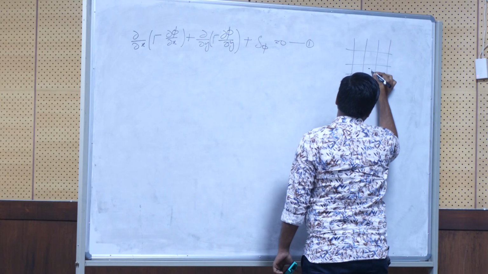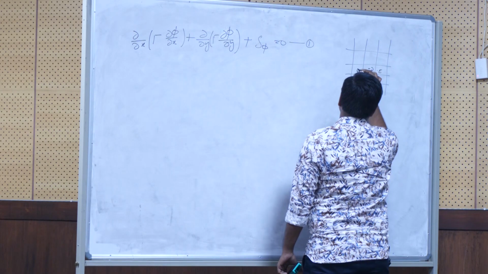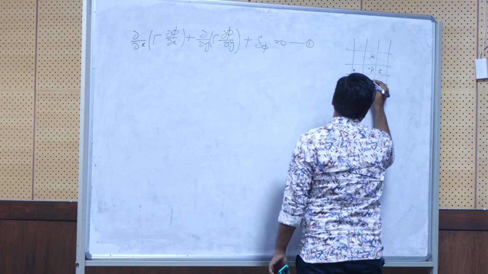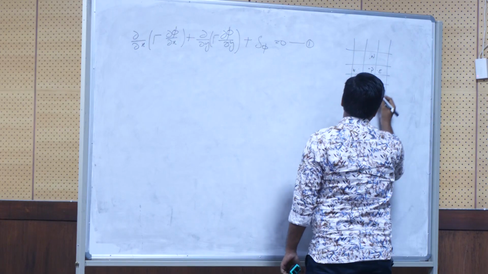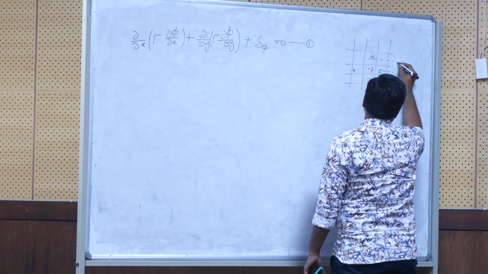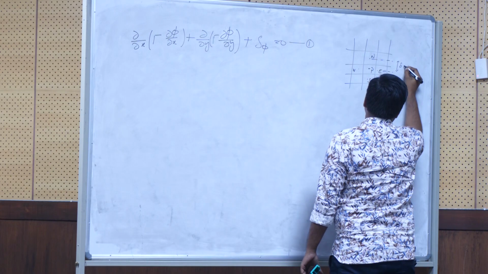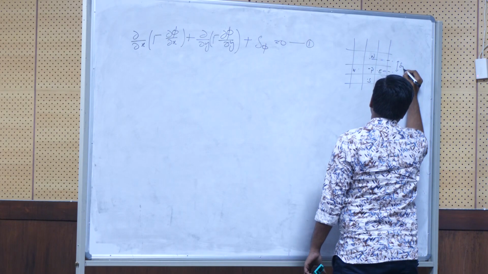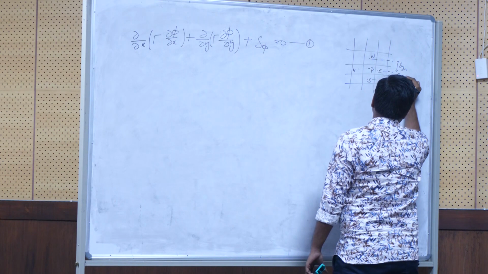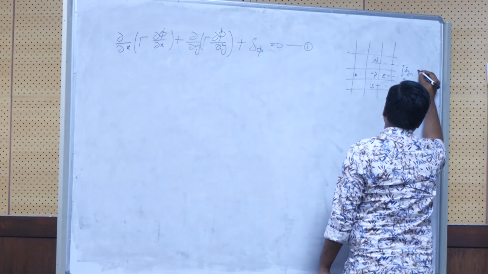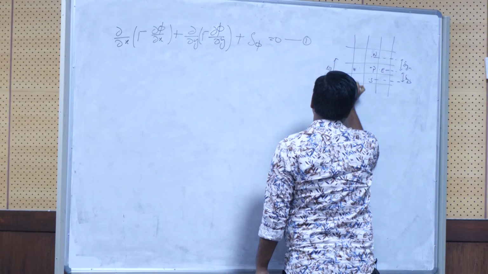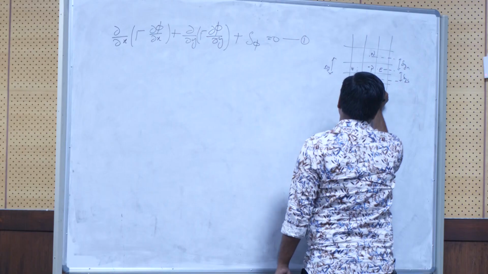This center point is P, and these are the east and west directions. The y directions are the north and south directions. North to east is the direction where we take del x, del y n; east to south, del y s, and these together are the total del y.